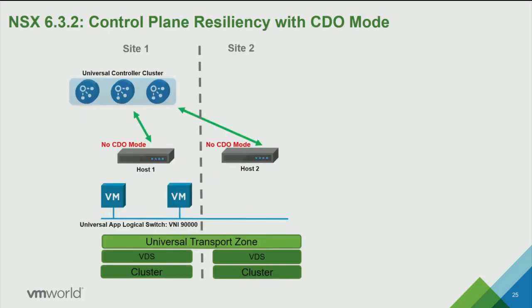Okay, so what I want to do now is talk about some of the additional capabilities we've added in NSX 6.3. Here I'm going to talk about some additional resiliency we added for the control plane. Before I do that, I want to mention the controller cluster is already inherently resilient. Why? Because you're natively leveraging vSphere HA. Also, it's a cluster, and by definition a cluster is resilient.